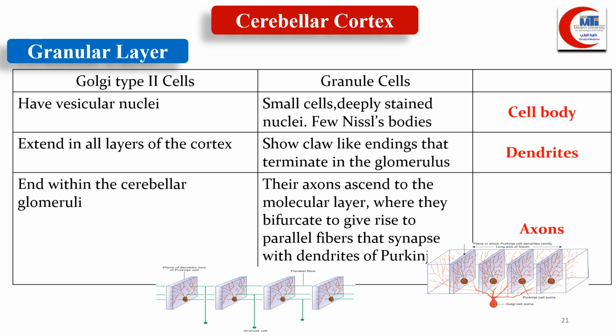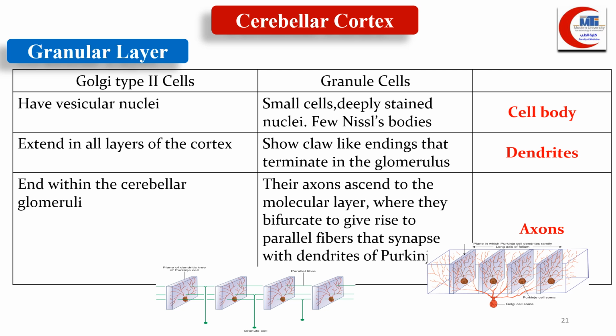So, the cell body of the granule cell is small and Golgi type 2 is characterized by a vesicular nucleus. As regards dendrites, the dendrites of the granule cell show claw-like endings that terminate in the glomerulus, but Golgi type 2 dendrites extend in all layers of the cortex.